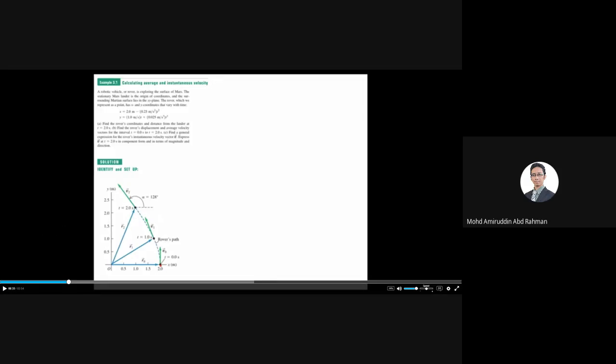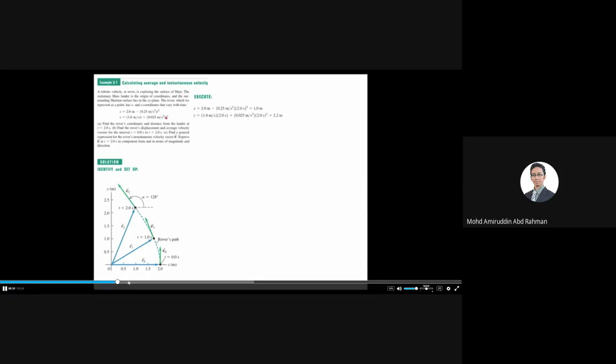We have the initial position: x equals 2 meter, and y is 0, here on the x-axis. It moves up along this path. We calculate the position at t equals 0, shown by this vector r0. So let's begin with its position at 2 seconds.